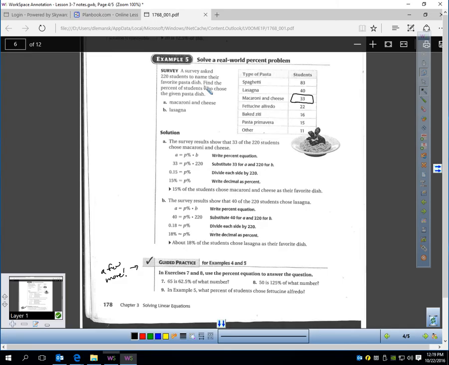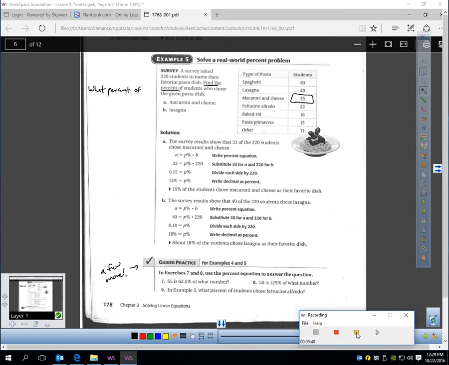They want find the percent. So I need to figure out what percent of 220 is 33? That's the question I have to figure out. I have 220 students. I want to figure out what percent of that 220 is the number 33.